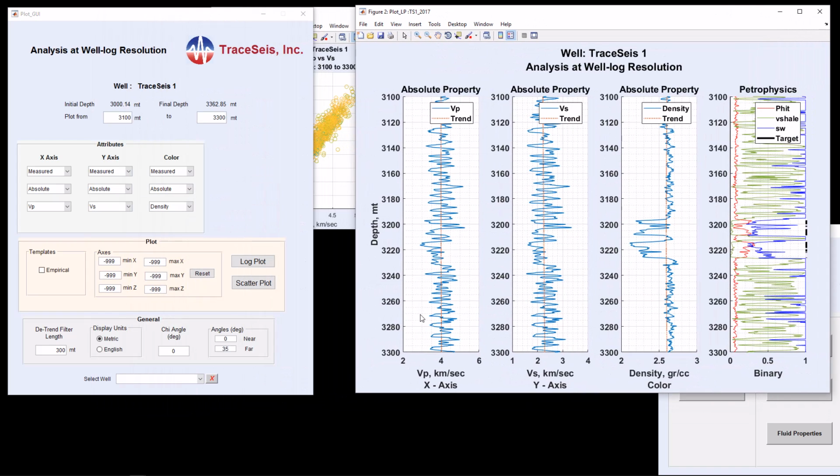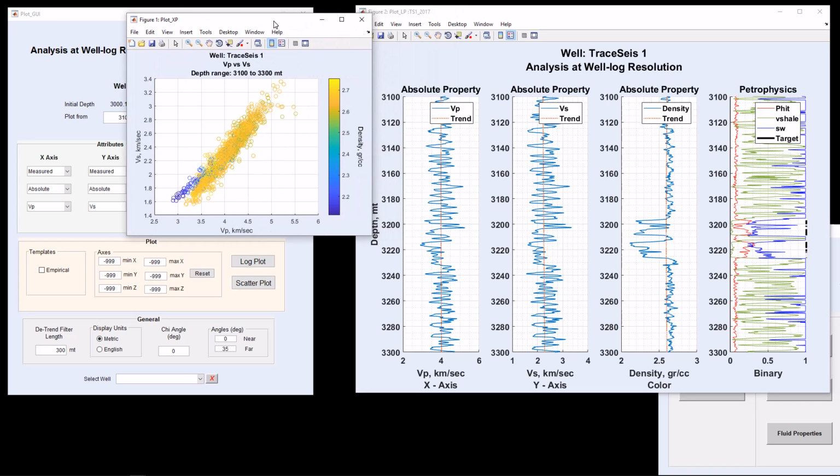The log plot shows three tracks which correspond to the selected attributes, and in the fourth track we have the results of the petrophysical evaluation and the pay flag or target flag as black points in this axis.